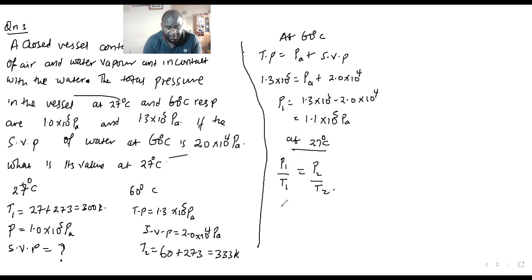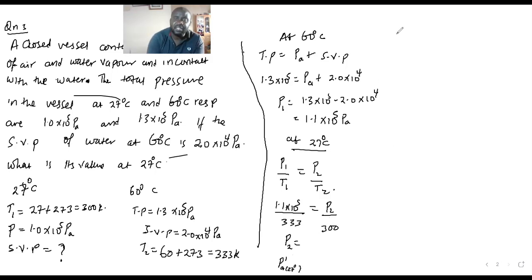P1 is 1.1 times 10 to the power 5, and it occurs at a temperature of 333 Kelvin. It's going to be equal to P2, which occurs at a temperature of 300. Can we get P2? This P2 is the pressure of the air at 27 degrees Celsius.